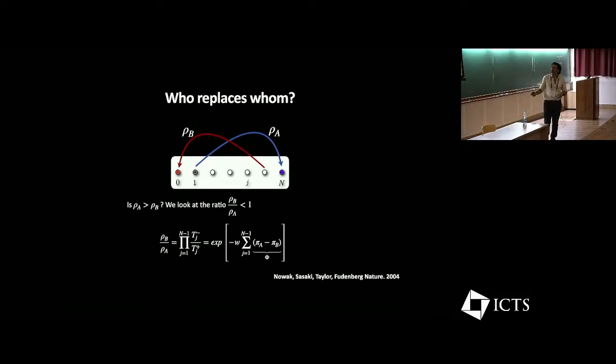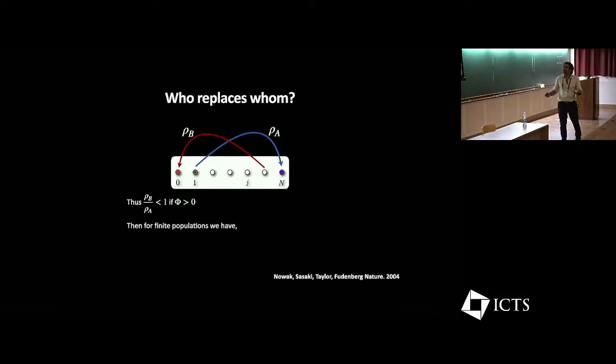What you end up seeing is, again, that what you're interested in is the difference in the payoffs. The difference in the payoffs determines which fixation probability is actually larger than the other, because in this case all you need to know is if this phi is larger than 0.